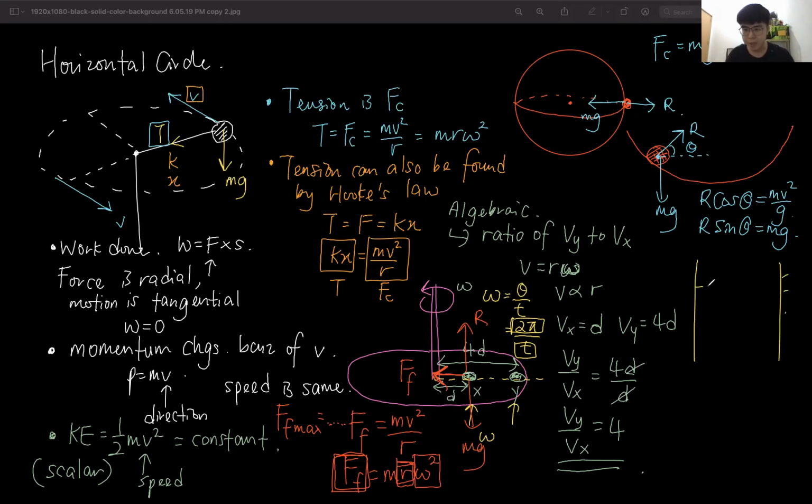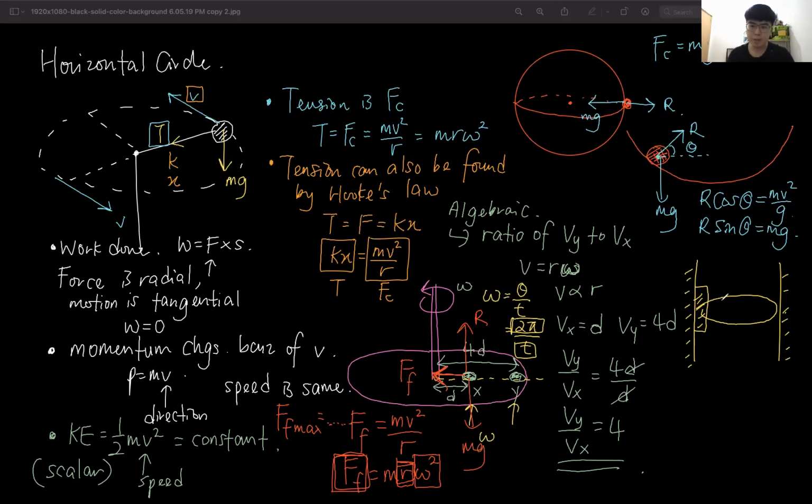You put any object inside, it could be a person, anything, and then it can go in a horizontal circle without falling off. So this is also the same. What is happening here inside? It is still centripetal force that keeps the person in this circular motion.